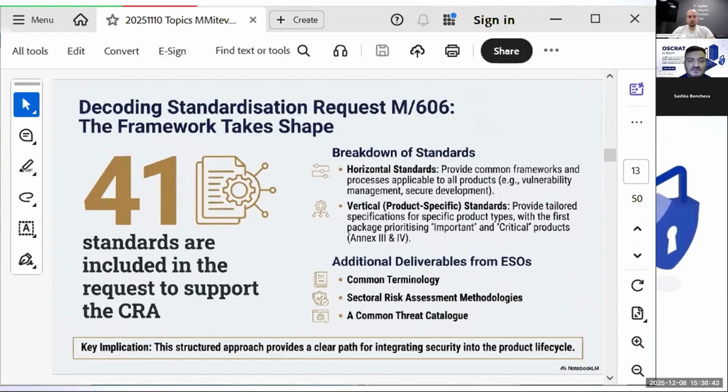The European standardization bodies will also develop common terminology, risk methodologies, and a common threat catalog. This gives manufacturers a clear structure they can use when integrating security into the product lifecycle.